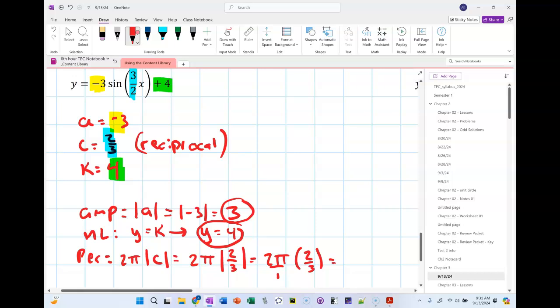So 2 pi times 2 is 4 pi. 1 times 3 is 3. So my period should be 4 pi over 3. How do we do on that? Pretty easy, right? Not a big deal. But important skills, like let's build out these fundamental skills before we start layering the tricky stuff on top of it. Let's make sure we can do the easy parts.